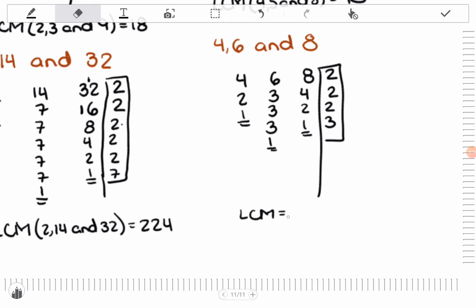The LCM of 4, 6, and 8 is going to be 3 times 2, 6, 12, 24. Remember, we do not add, we multiply. 3 times 2 times 2 times 2. 3 times 2 is 6, 6 times 2 is 12, 12 times 2 is 24, and we finish.